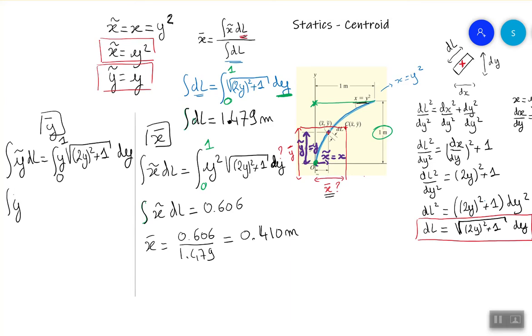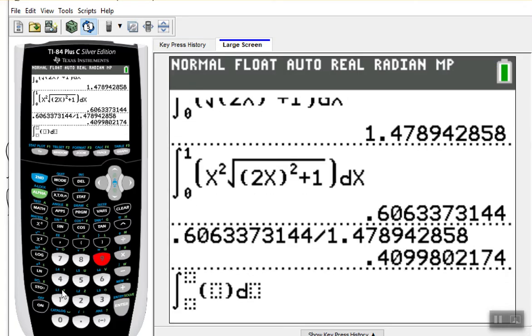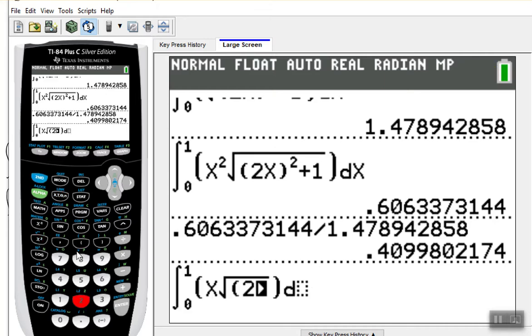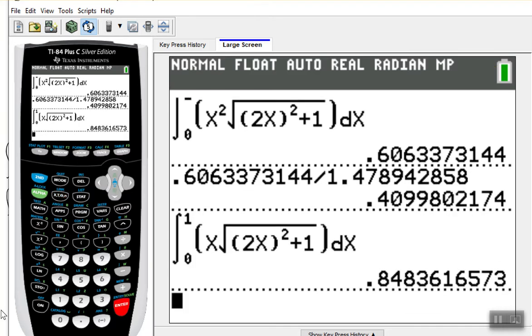So let's enter that in our calculator. Math number 9, from 0 to 1. And we have x, that is our y, times the square root of 2 times y square plus 1, and dx. Here we go. Check that you didn't forget anything.